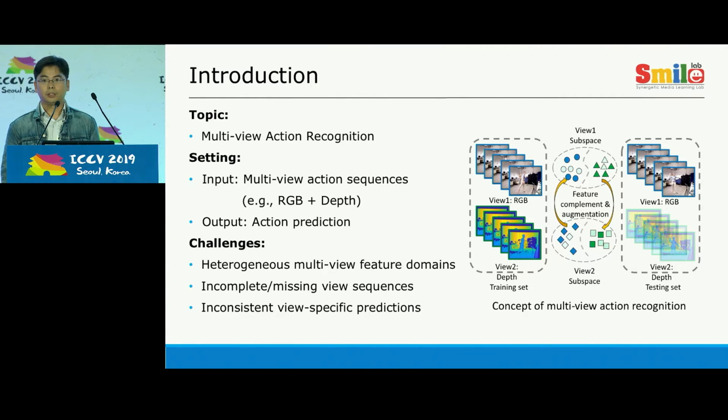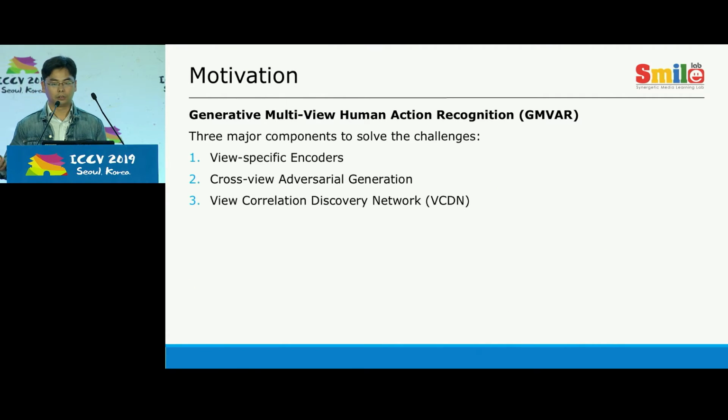Another is that during data collection, we may have challenges like device issues and occlusions, so we will have some missing data. And we also have inconsistent view-specific predictions. That means if we build learning models for each view-specific action sequence, we will get different results.